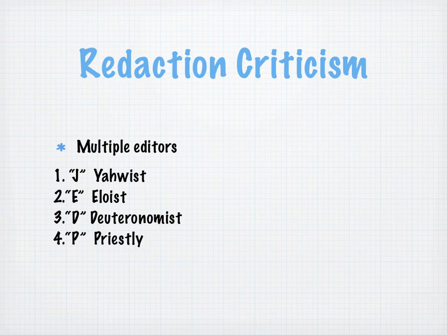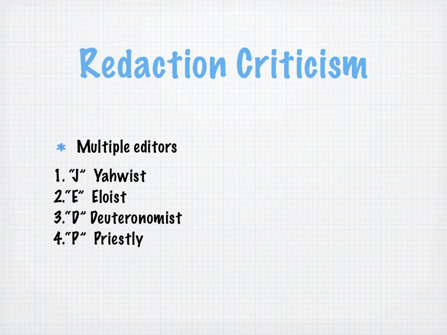The J editor, or Yahwist, because he uses the name Yahweh for God. And he describes God in very anthropomorphic images. God is down to earth and visits his people.